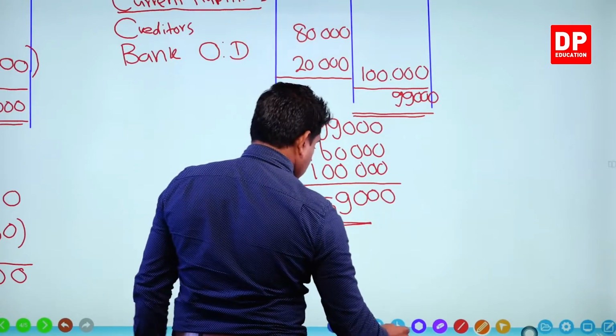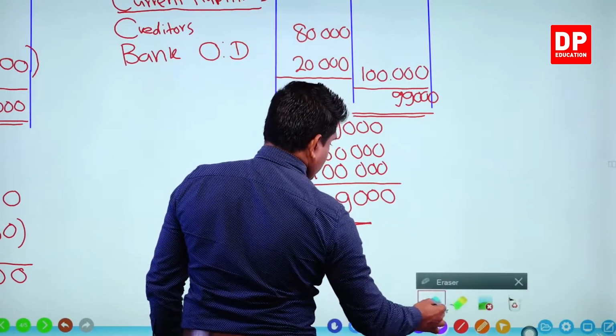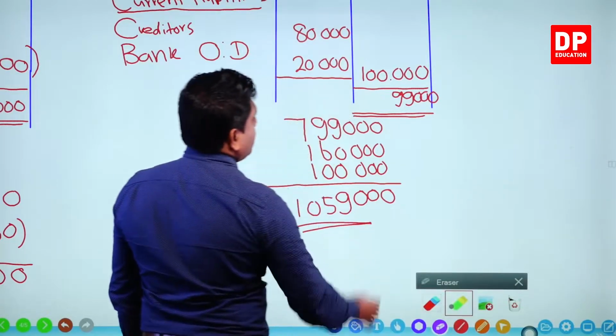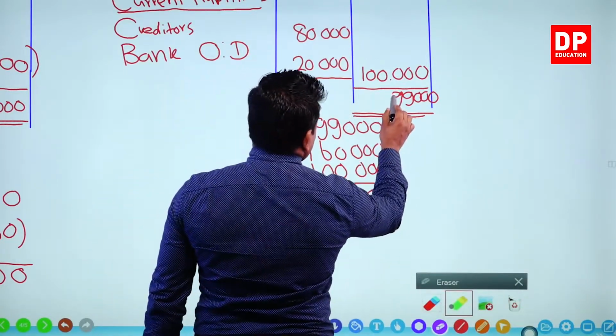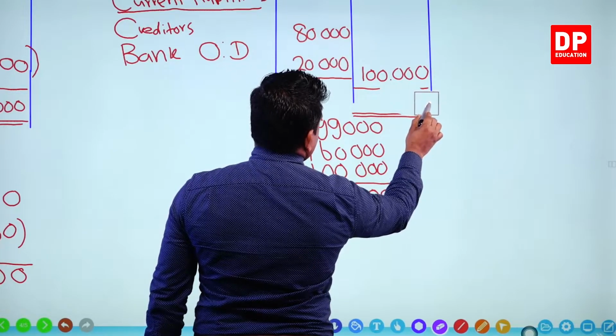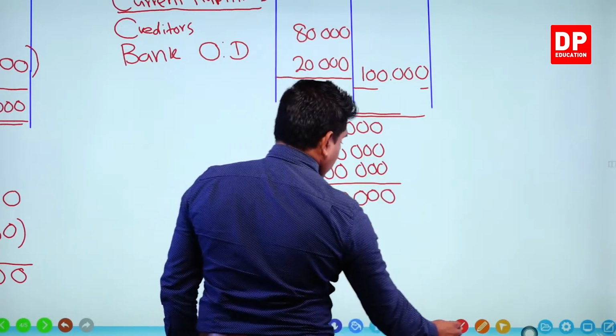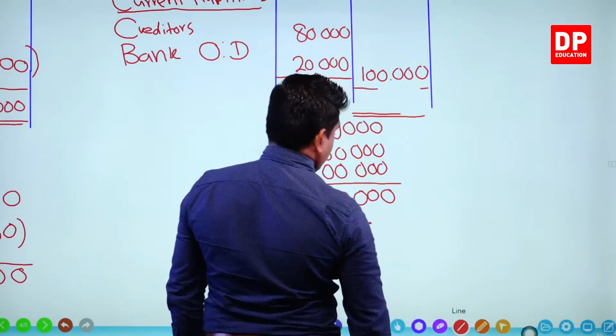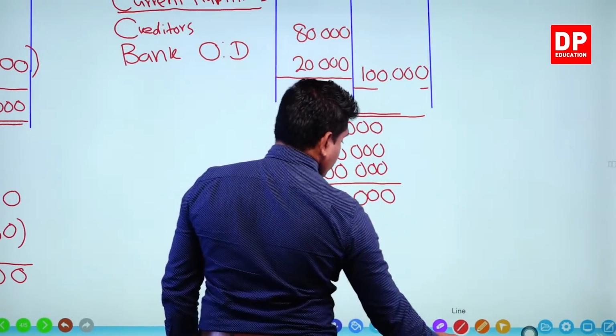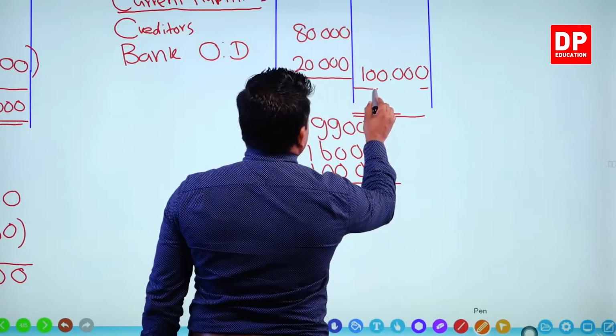Then here should be not the 99,000. This should be what? This should be 1,059,000.